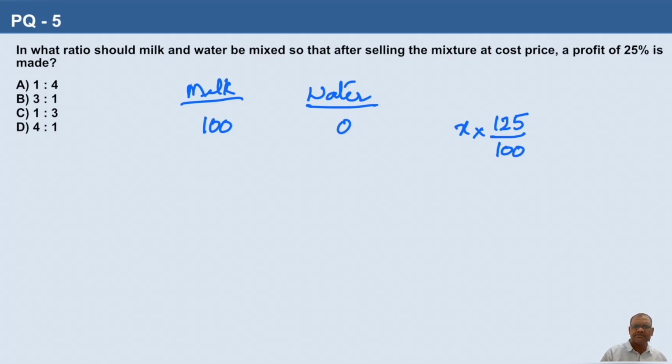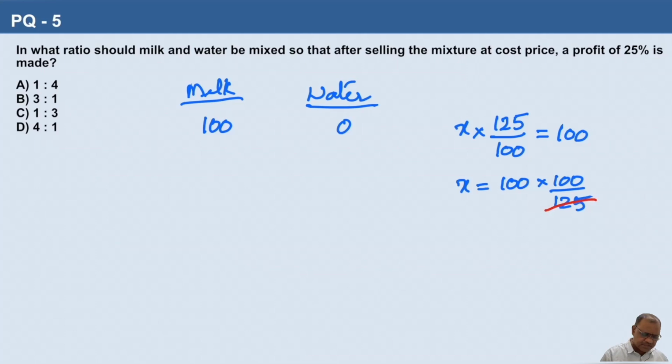The mixture is sold at the cost price. What is the cost price? 100. So let us simplify this and find the cost price. X is equal to 100 into 100 by 125.